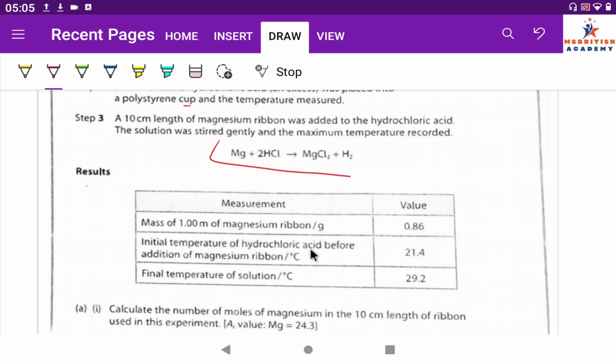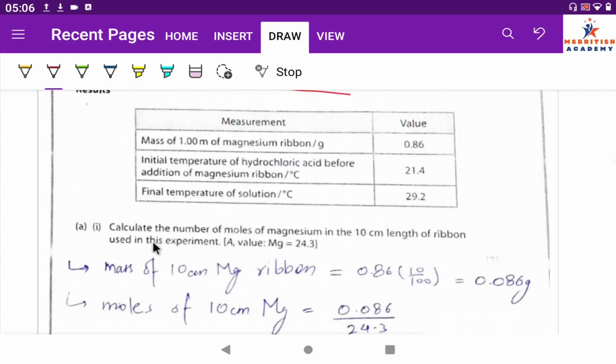Initial temperature of hydrochloric acid before addition of magnesium ribbon is 21.4 degrees and final temperature of solution is 29.2 degrees.